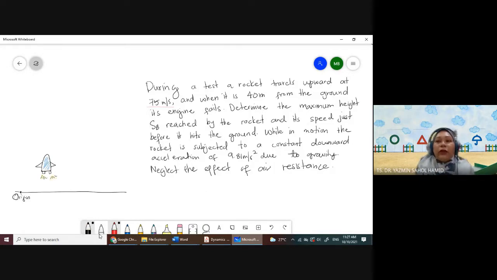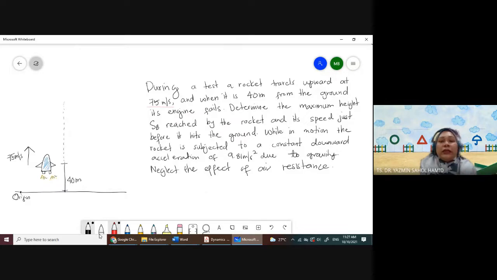So the rocket travels upward, going up with a speed of 75 meters per second. And its height is 40 meters from the ground. At 40 meters from the ground, all of a sudden what happens?